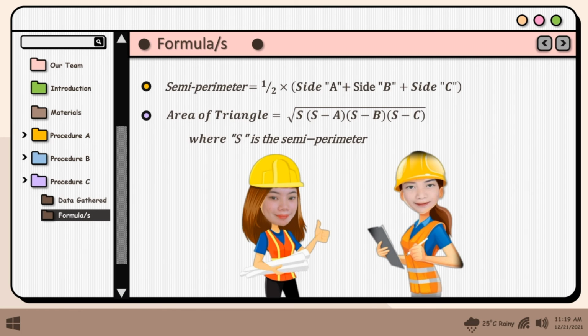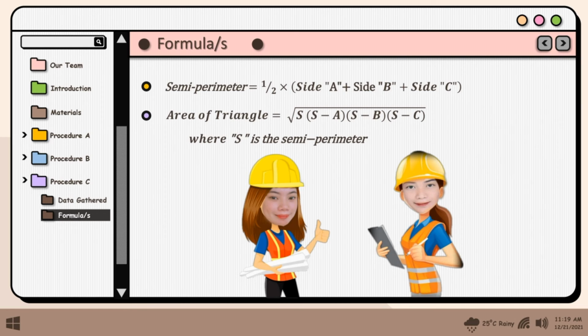Step 4. Determine the semi-perimeter of the first triangle by multiplying the perimeter of the triangle by 1/2. To determine the area of the triangle, substitute the values of the semi-perimeter, side A, side B, and side C into Heron's formula.